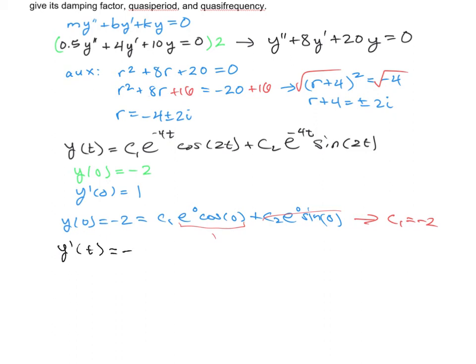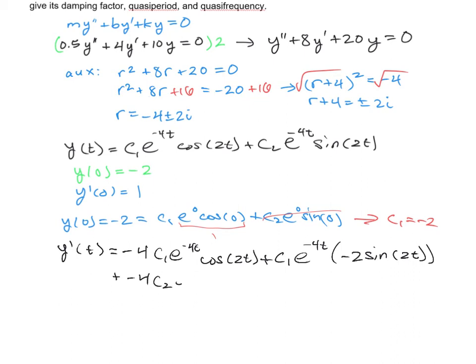That's going to be a negative 4 c1 e to the negative 4t times the cosine of 2t plus c1 e to the negative 4t times a negative 2 sine of 2t, and then plus a negative 4 c2 e to the negative 4t sine of 2t, and then plus a c2 e to the negative 4t times 2 cosine of 2t.